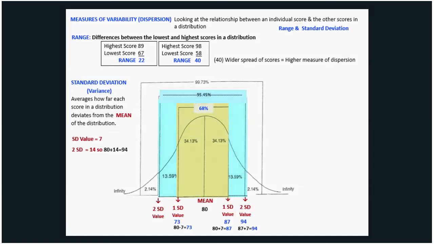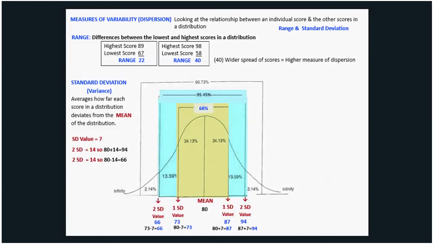Then you mathematically add or subtract from your mean based on the level of standard deviation. If 94 is here, when I go below, that's 66. So if you look at 66 to 94, 95% of your scores should fall between 66 and 94. That's 2 standard deviations of the mean.